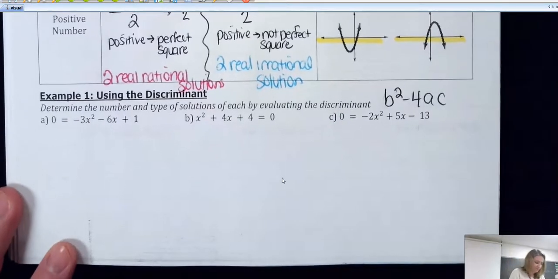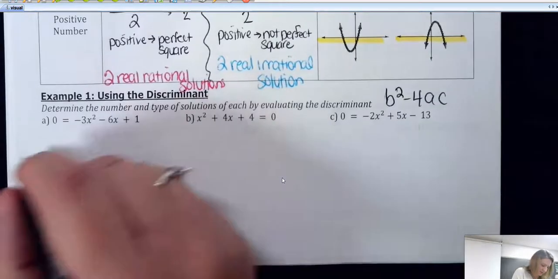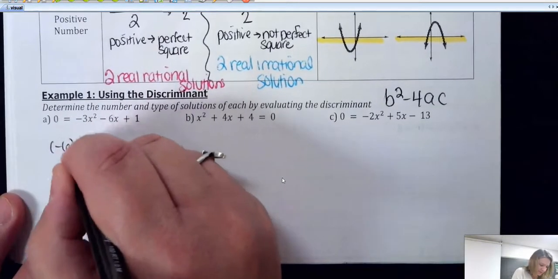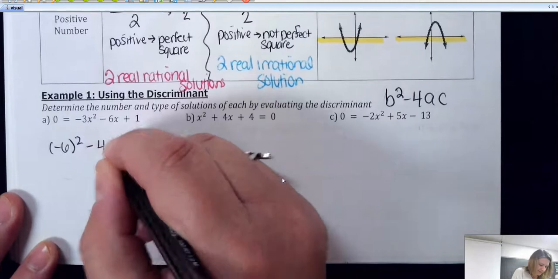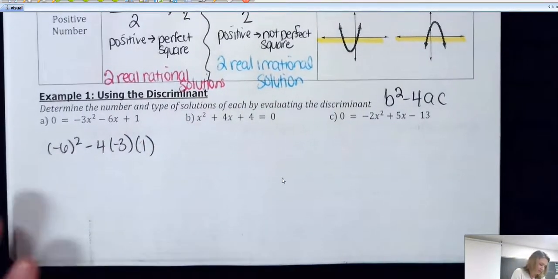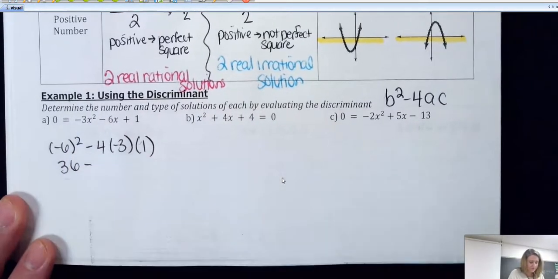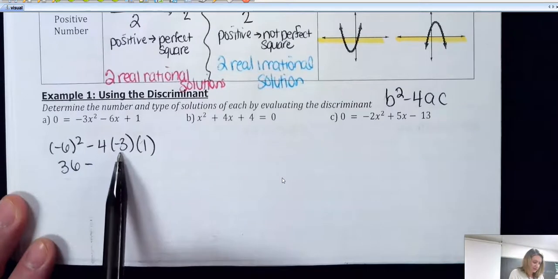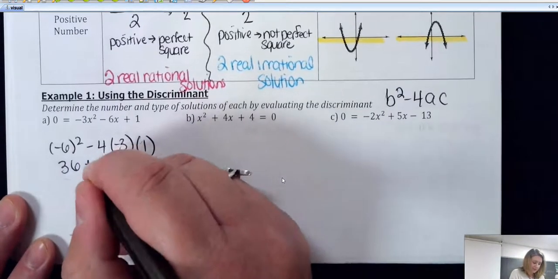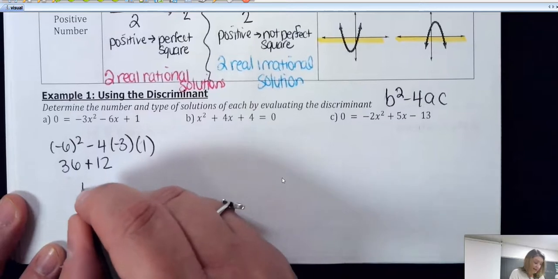All right, so I just need my a, b, and c values from my quadratic here. So we're going to do negative 6 squared minus 4, a is negative 3, and c is 1. So if I square this, I'm going to get 36 minus, now if I do 4 times negative 3, that's actually going to turn this into a plus 12. So this guy, if I add this up, I'm going to get 48.